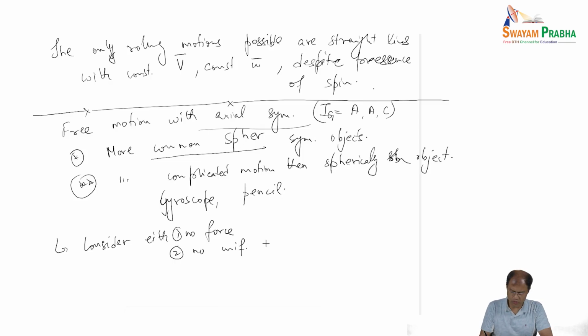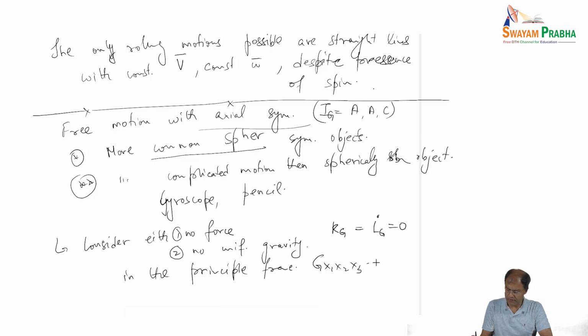Okay, so we expect that Lg dot is 0, right? This is in the presence of the principal frame, so in the principal frame, the G x1 x2 x3 frame.